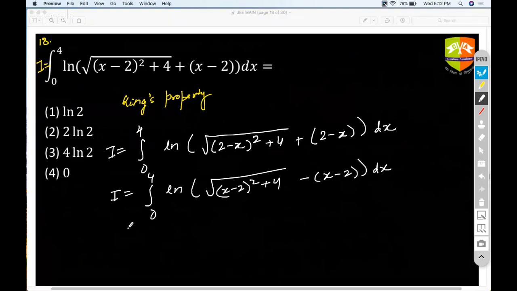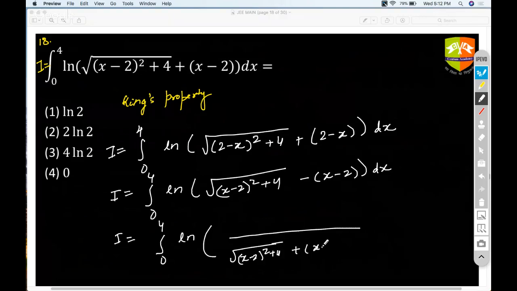Right? Now the obvious step that comes in our mind is, let's try to rationalize this term inside of the ln term. So you would get x minus 2 whole square plus 4 plus x minus 2. And here you will have x minus 2 whole square plus 4 negative x minus 2 whole square. So this and this will get cancelled off.